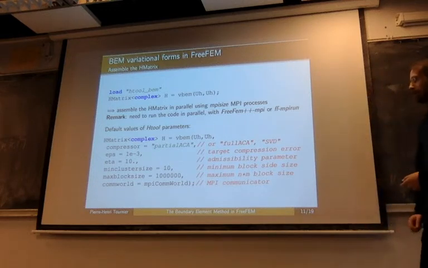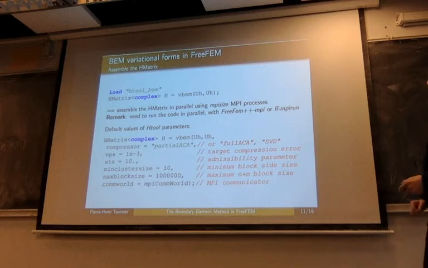And you can play with more technical parameters, such as the minimum number of rows in the block, and the maximum number of coefficients in the block. And if you want to do some fancy MPI stuff, you can specify your communicator if you want to do multiple H matrices in parallel. Okay.